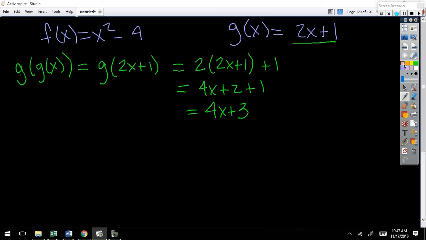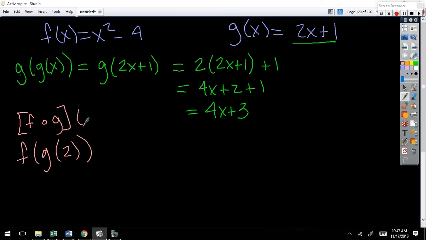Because if you're adding or subtracting inside the parentheses, it becomes a FOIL problem. Which could also be written as that.